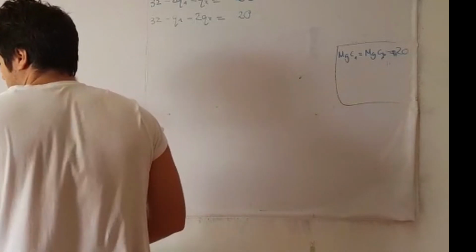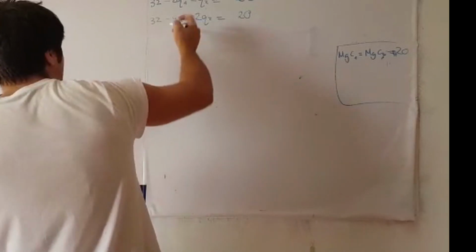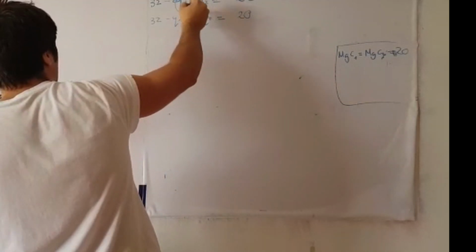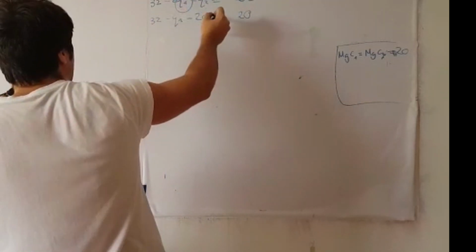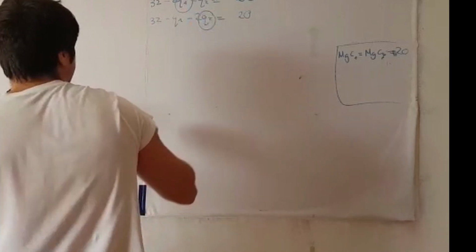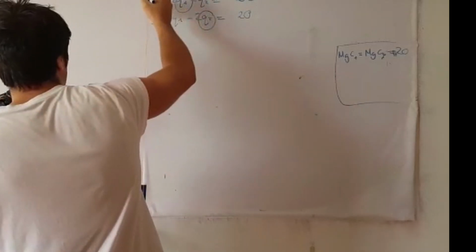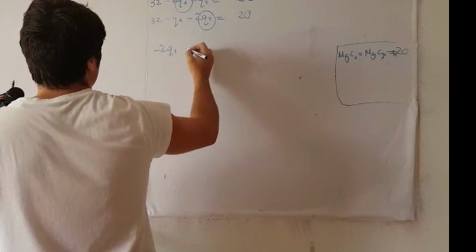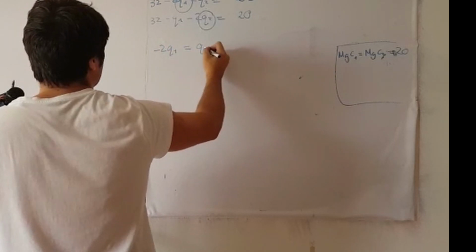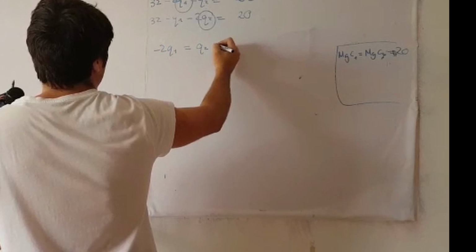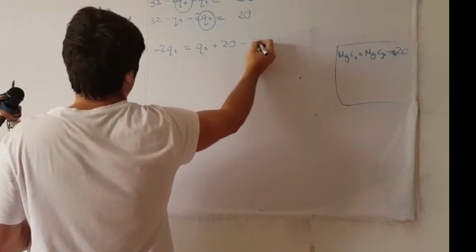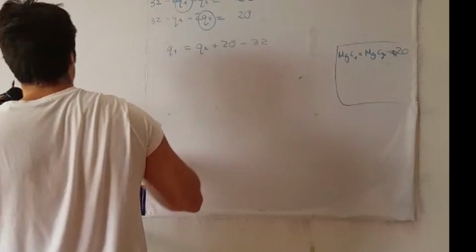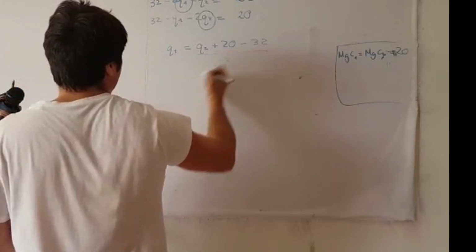And from this point now it's really easy. What we have to do is take the first equation and put it in terms of Q1, and take the second equation and put it in terms of Q2. This is really important, it has to be in this order. So minus 2Q1 is going to be equal to Q2 plus 20 minus 32, and this is going to be divided by minus 2.